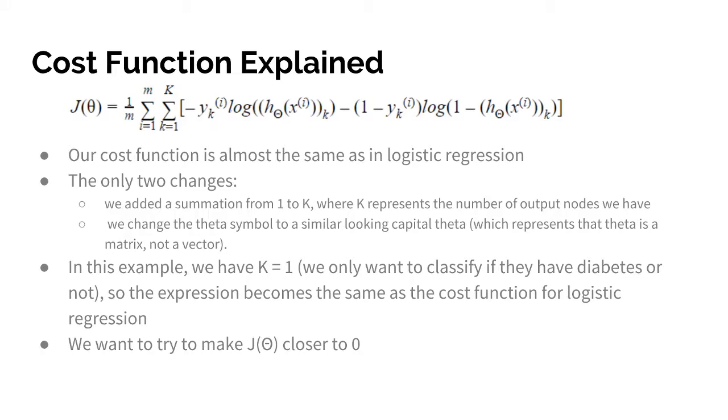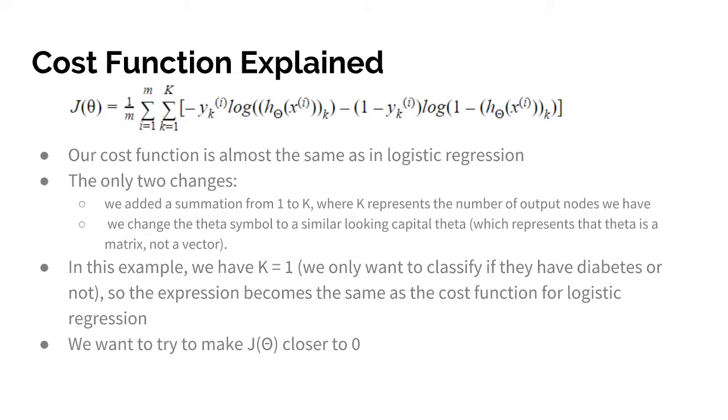We also changed the theta symbol to something pretty similar looking. This is like a capital Theta in the Greek alphabet, and this is just to represent that our theta now is a matrix, not a vector. So it's a two-dimensional array because we have so many weights now for the neural network.